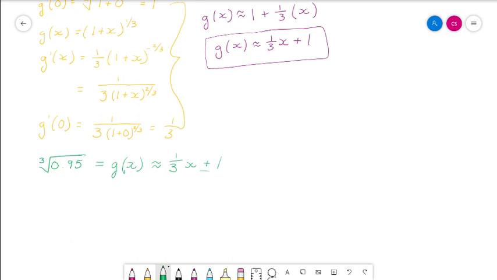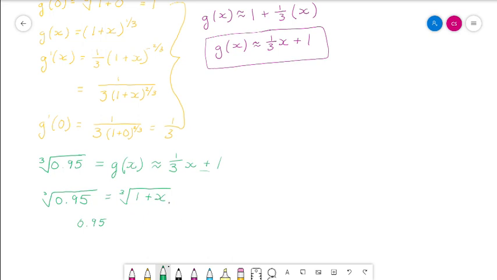Okay, so let's remember what g of x is. G of x is the cubed root of 1 plus x. So what does x equal in this case? All right, so in other words, just a little equation to solve.